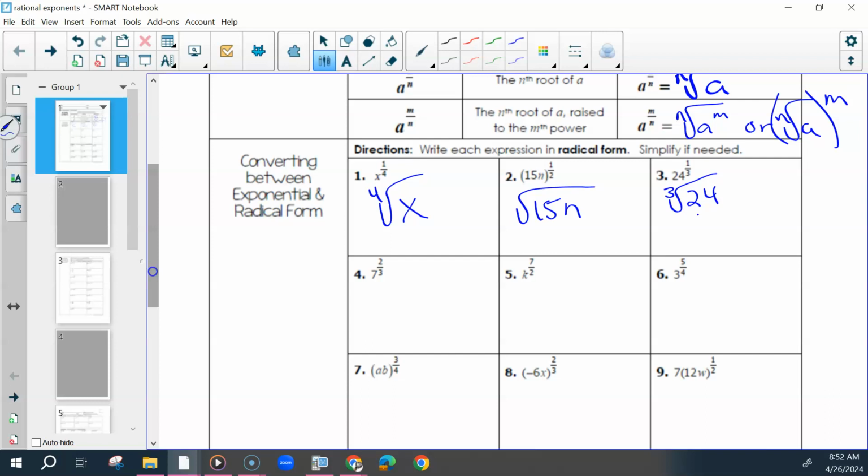So now we have to think about the highest perfect cube that goes into 24. Write out your perfect cubes, 1 cubed, 2 cubed, 3 cubed. Start dividing 24 by those numbers.